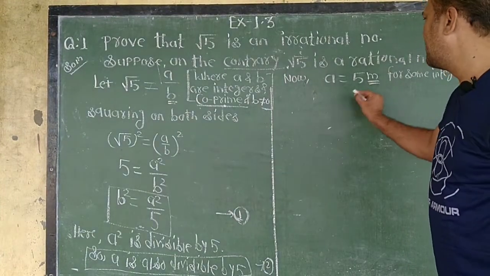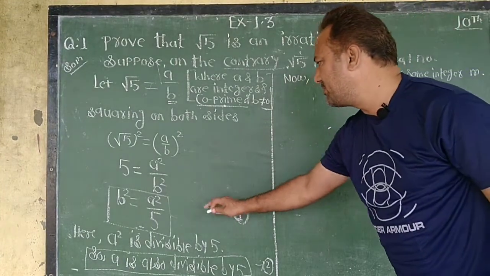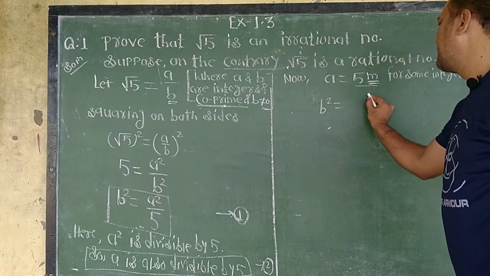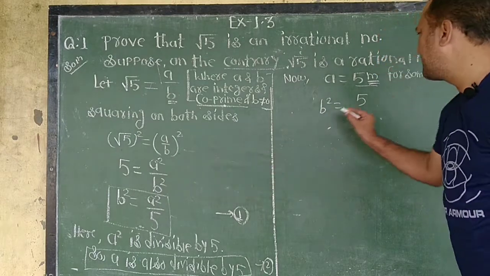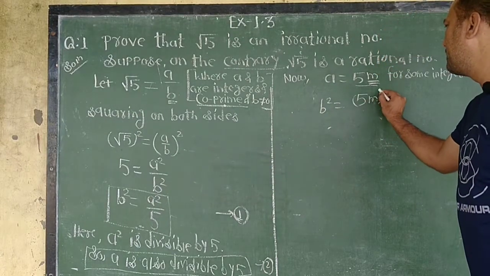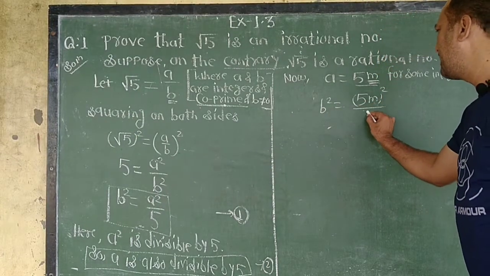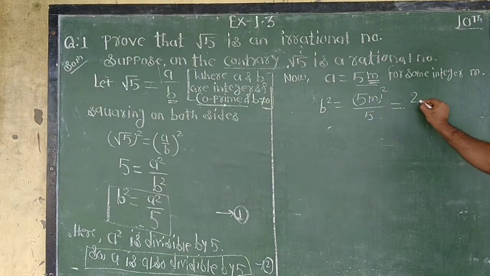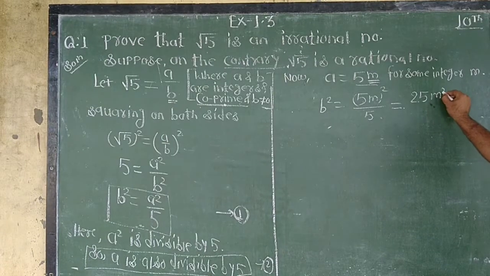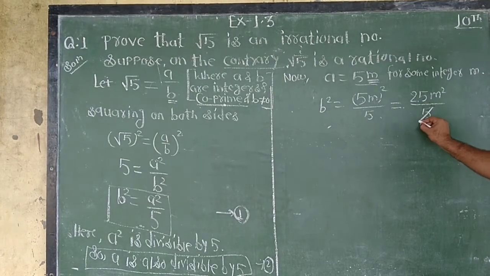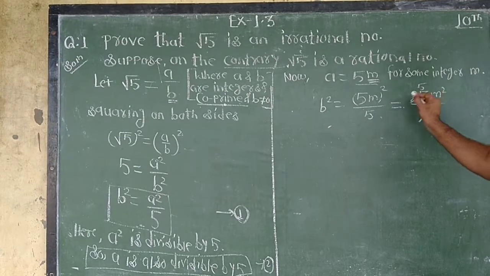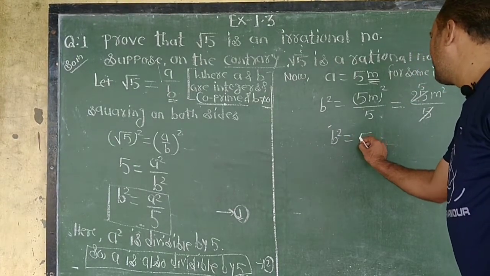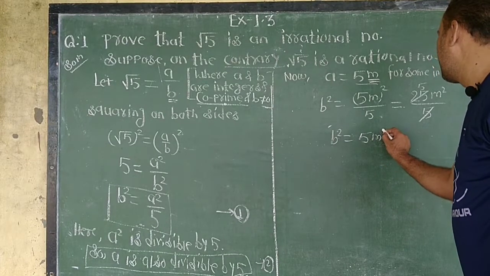Then put this value in equation number 1. Then b square is equal to 5m bracket square divided by 5. Simplify: 5m square means 25 m square divided by 5. 5 ones are 5, and 5 fives are 25. It means b square is equal to 5m square.